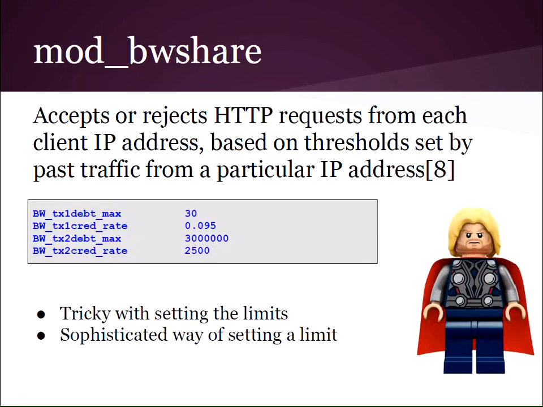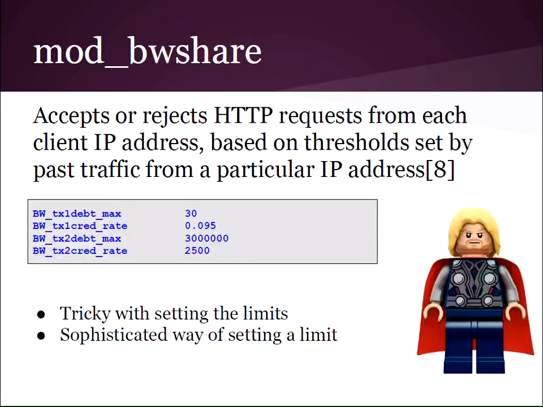You can set up these settings based on this idea of depth and credit, so you can let it accumulate some incoming traffic all the way up to some depth threshold, and it's going to be more elastic.